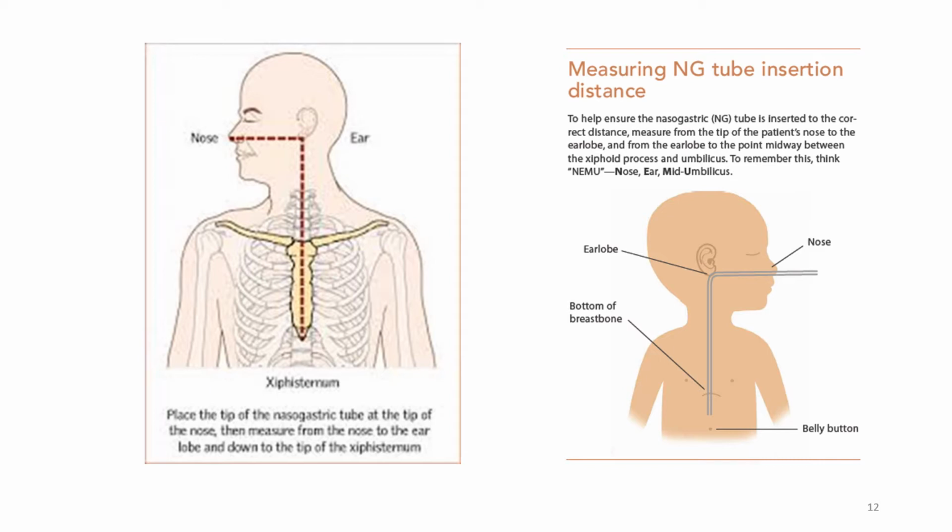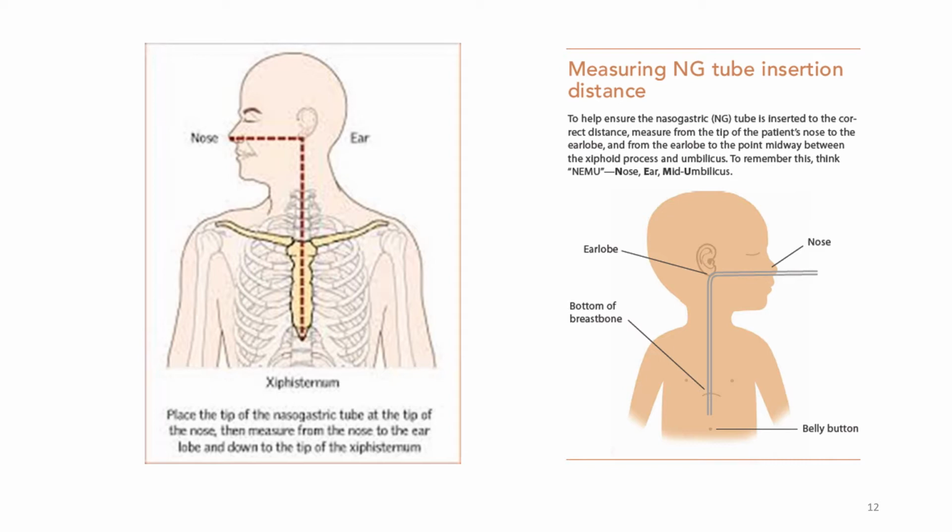So with this, know your locations, how to measure, and then when you're charting, you should also note that NG tubes come in different sizes. You can have an 8 French, or you can have a 5 French, which I think are the smallest two. Some of them come in a 10 French also.